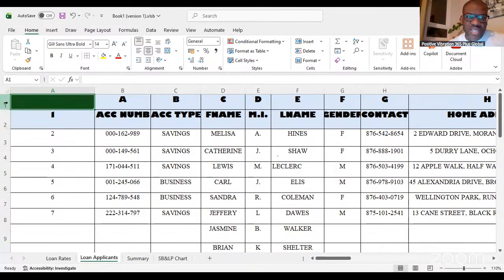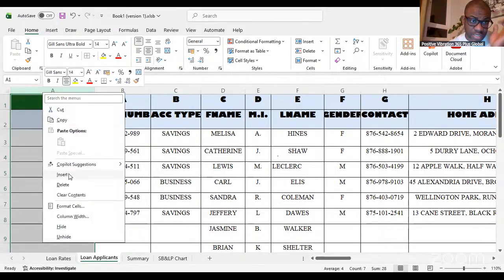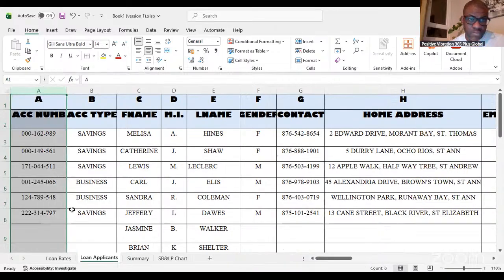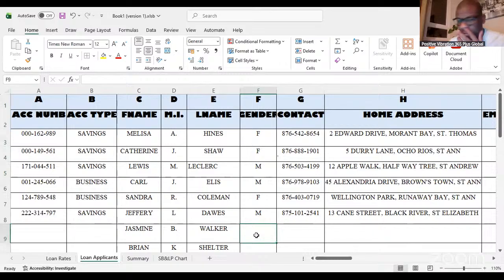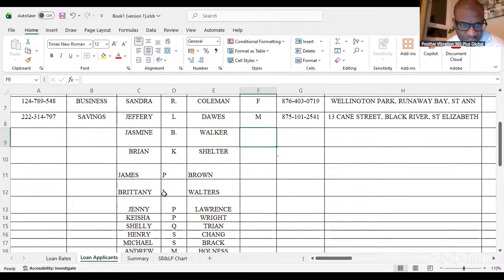So these numbers are these over here. That's why the account number was supposed to be in A. So delete this. So these are the numbers on this side. Okay.